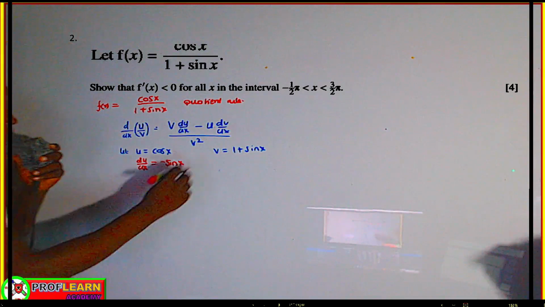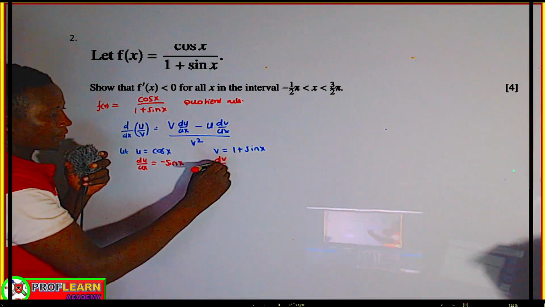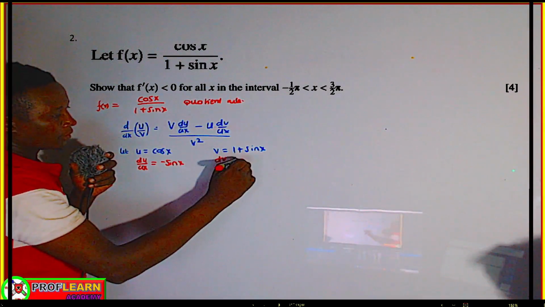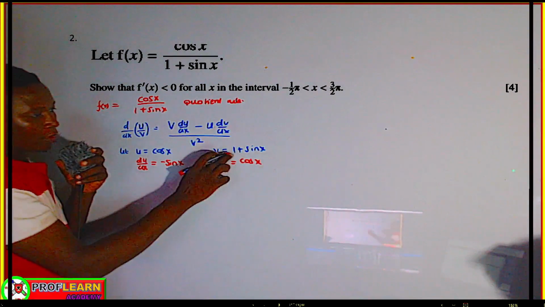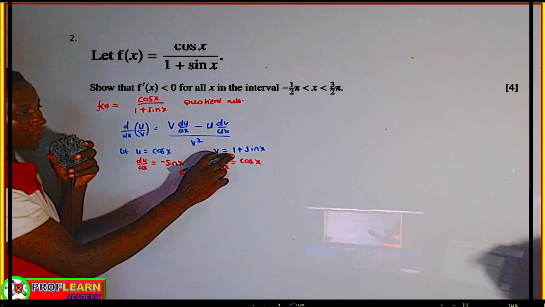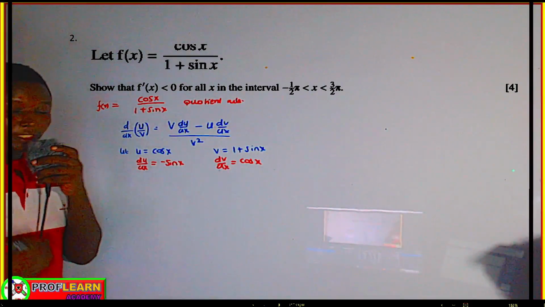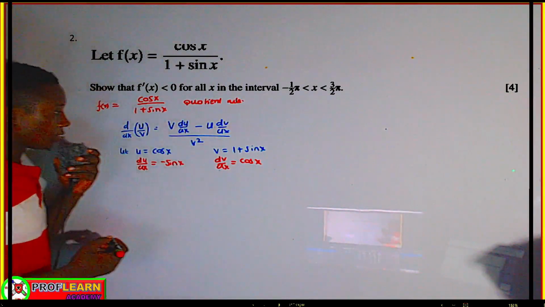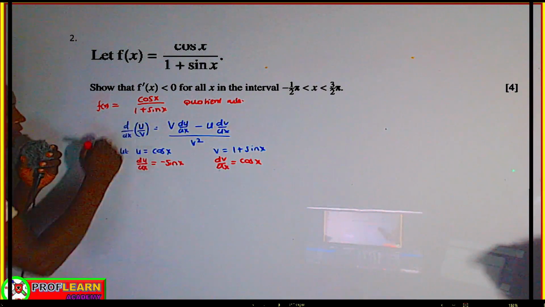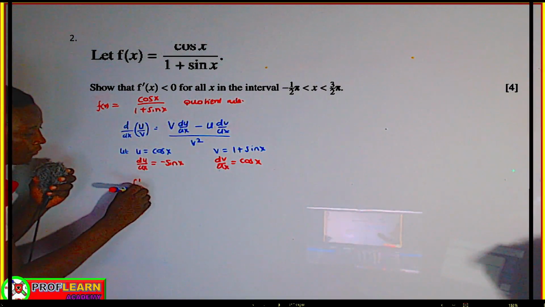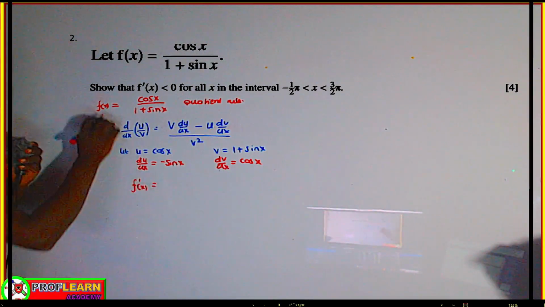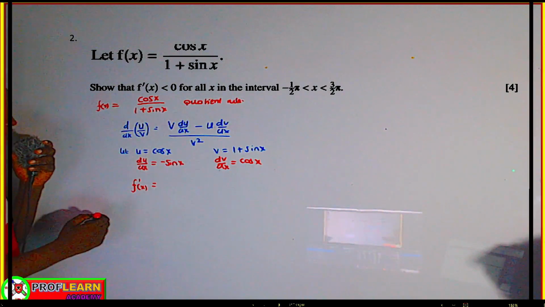Also, dv/dx is going to be cos x, because if you differentiate the first term it will be 0, and differentiating the second term, which is sine, gives you a cosine.